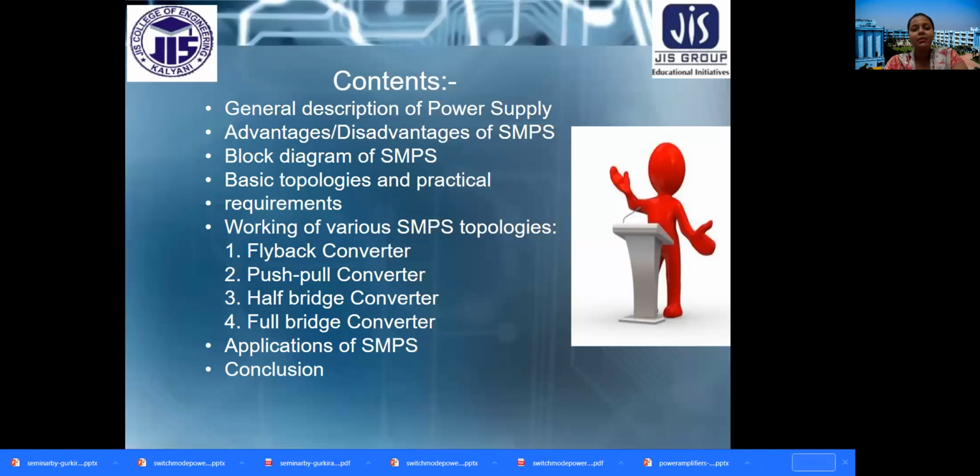The contents that we are going to share today: a general description, what is power supply, what are the different kinds of power supply we may have, advantage or disadvantage of SMPS, block diagram of SMPS, basic topologies and practical requirements, working of various SMPS technologies, under that flyback converter, push-pull converter, half bridge and full bridge converter, last but not the least, application of SMPS, and the conclusion that we got from this video. Okay, so these are all the contents that we are going to cover today.